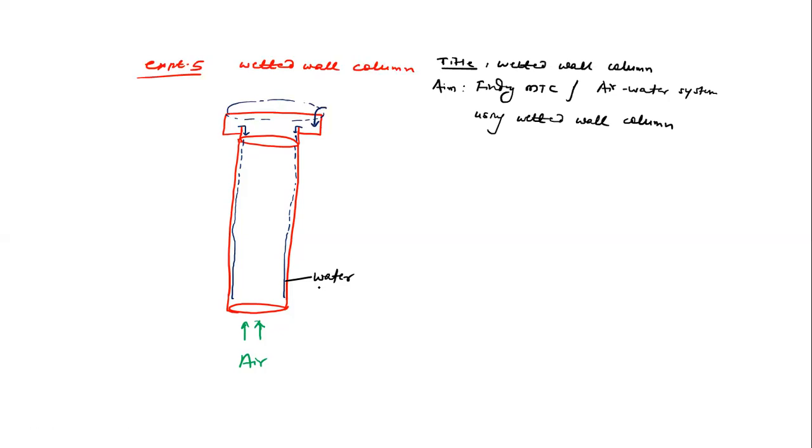Correct? So what will happen is the interaction of air and water, the water will get added to the air. So here you can have dry bulb temperature, wet bulb temperature. So dry bulb is a normal temperature and wet bulb is a bulb with wetted cotton.